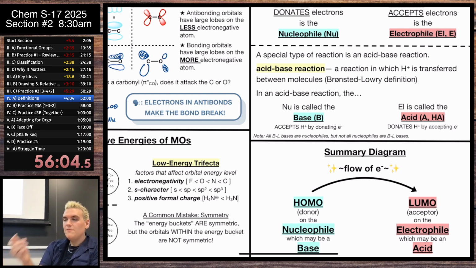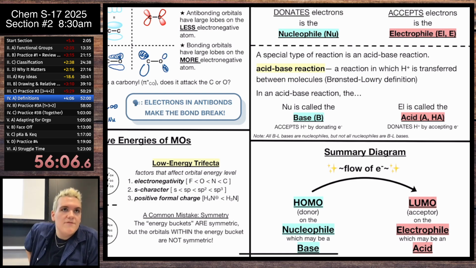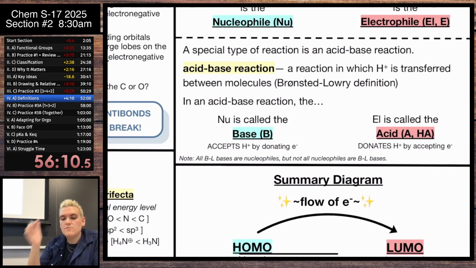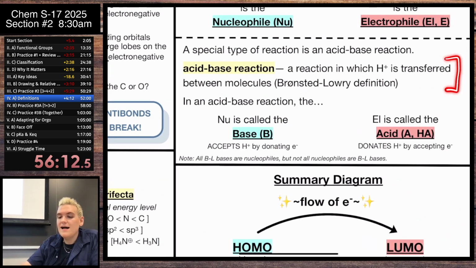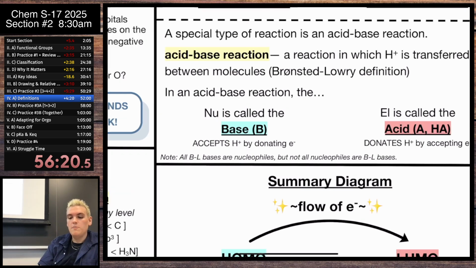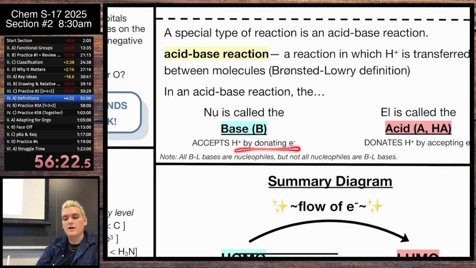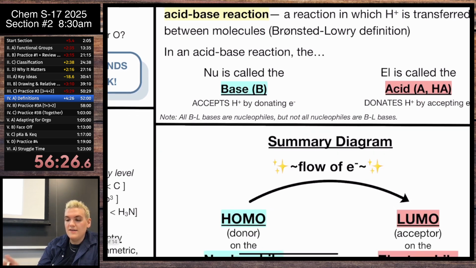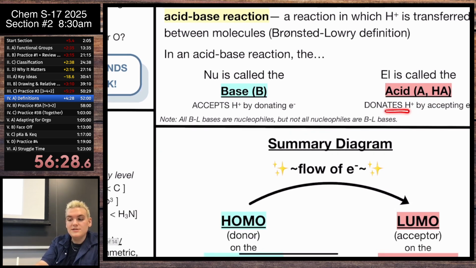Again, we have these different donor-acceptor definitions, like Lewis and Bronsted-Lowry. To be very clear, we classify the reaction based on the Bronsted-Lowry definition of a hydrogen being transferred. But when we are thinking about base and acid, we are thinking about the flow of electrons. So an acid is going to donate a hydrogen, but it's going to accept electrons.